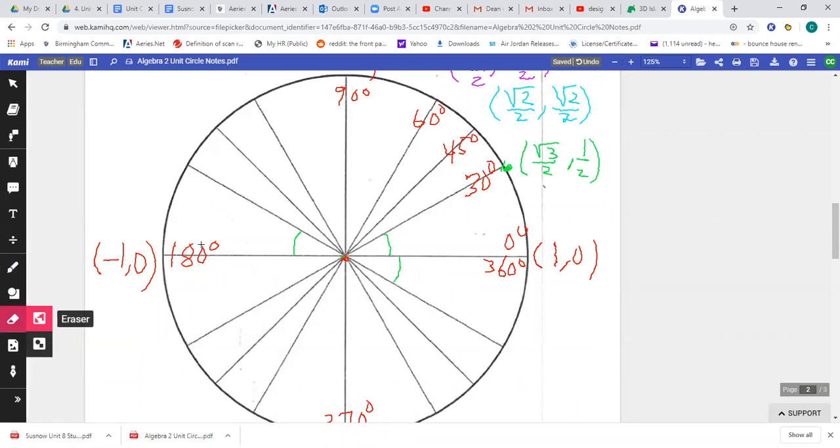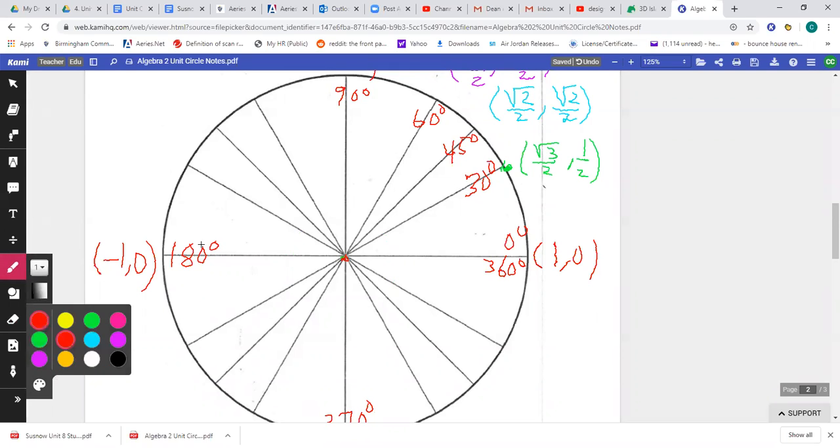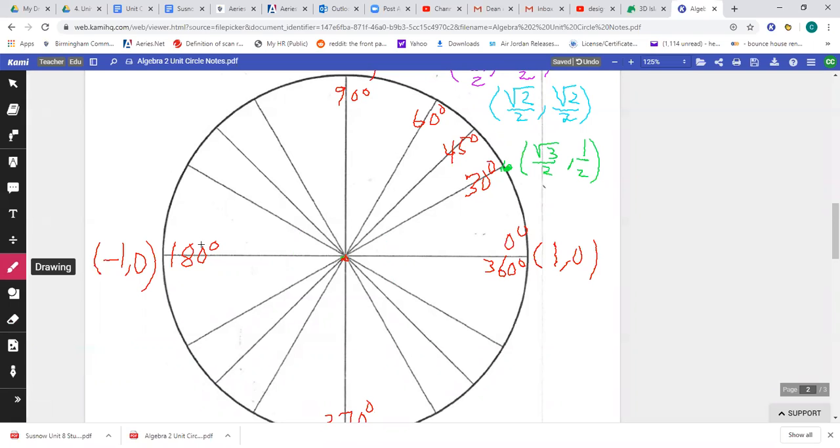I know there's a lot of new stuff going on, so if you have any questions, let me know. And if you guys see, this is a 45-degree angle. This is also a 45-degree angle. This is a 45-degree angle.